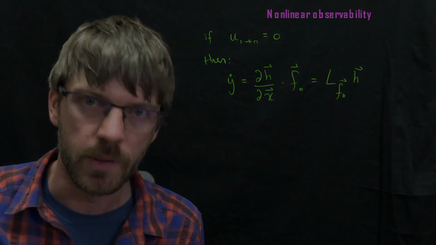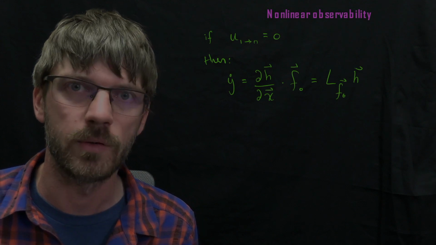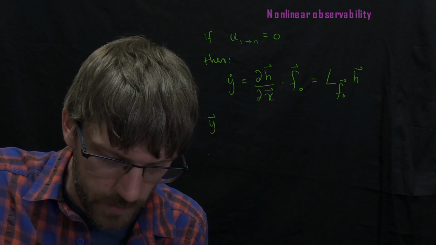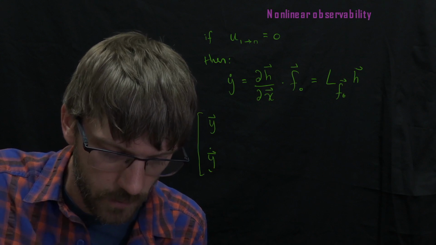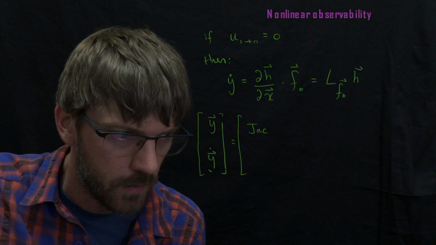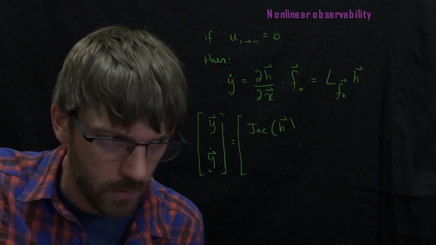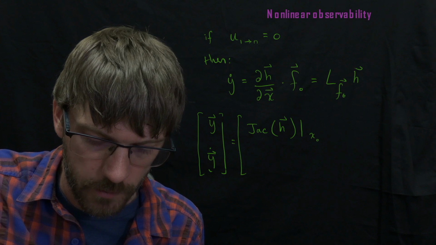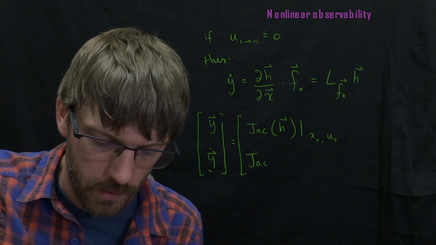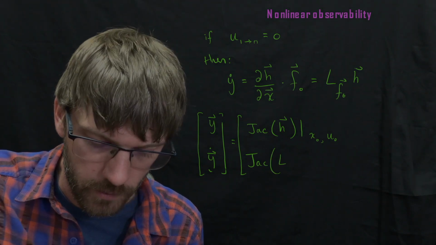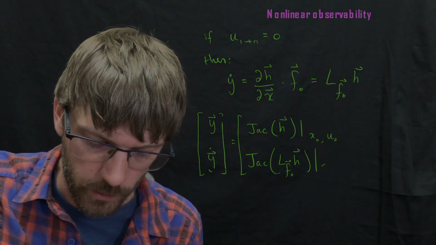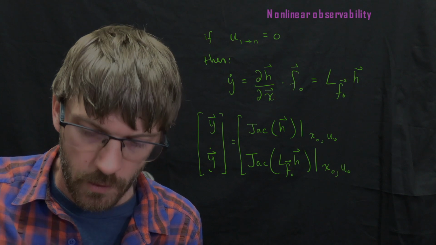So if we were to linearize our nonlinear system around some nominal state and control, then we could write out our measurements and the derivative of those measurements as the Jacobian of h evaluated at that nominal state and control, and the Jacobian of the Lie derivative of h along f0, also evaluated at x0, u0.